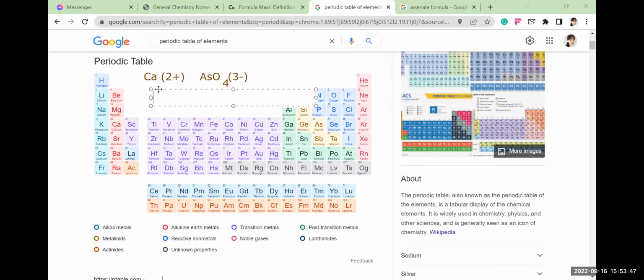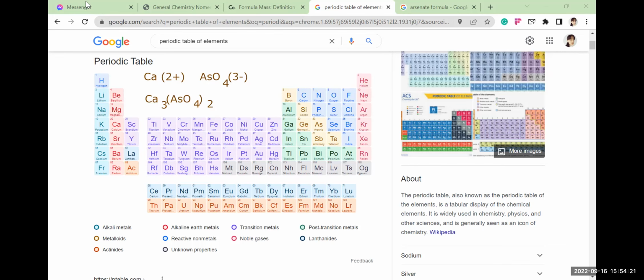How do you write that as one compound? Ca3, open close parenthesis, AsO4, 2. So you would have calcium 3, right? Yes. AsO4, and then 2. All right. Okay, now let's try to solve.